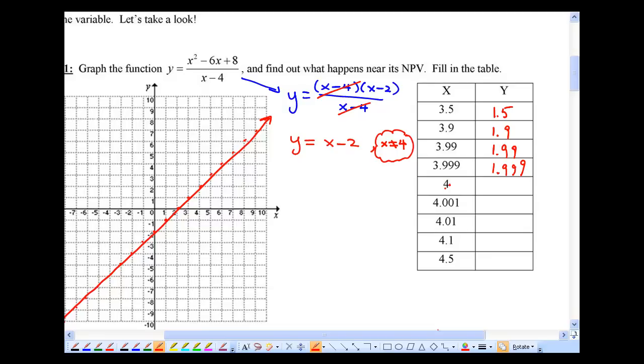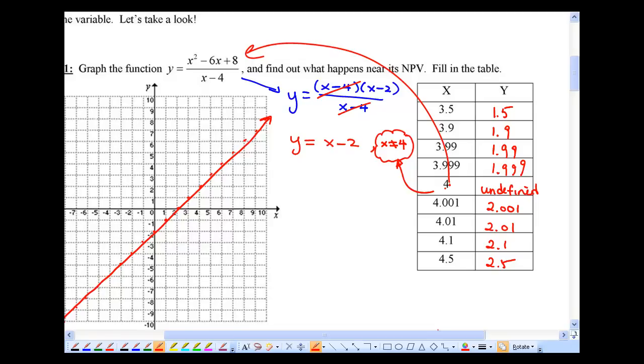So when I plug in 4 into the original rational function, you get undefined. And that's, ladies and gentlemen, why we have to include this thing, where x can't be equal to 4. 4.001 is 5. If I plug it in, I believe we get 2.001, 2.01, 2.1, 2.5. Plugging it all into the original rational function.